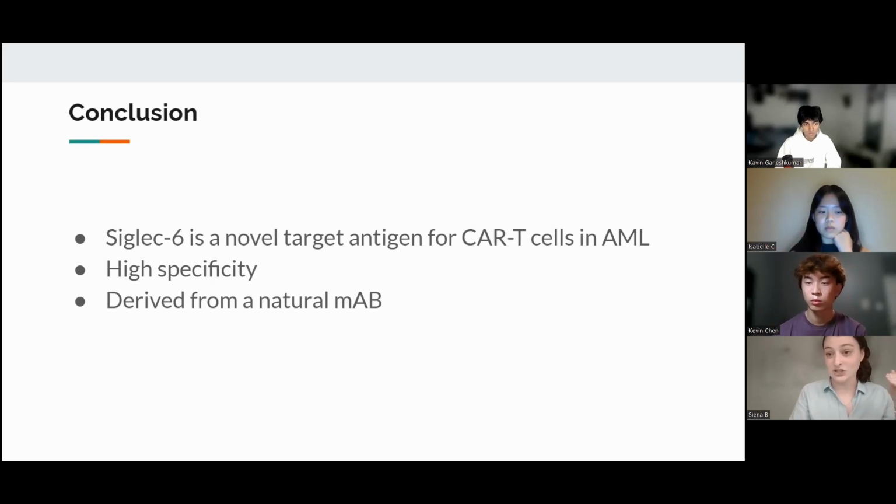But Siglec-6 is extremely specific, as we talked about in those past 2 slides, and that's a very promising way to target cancer because it doesn't affect these normal cell processes, so you can recover faster and it's more efficient and healthier. Yeah, it's also important to note that we're talking about how this is so novel, so specific, so effective.